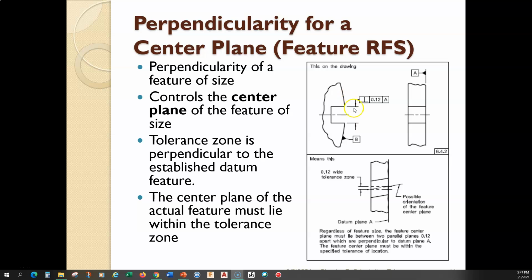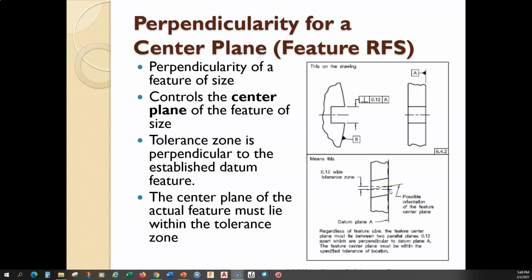All right. So when you have a perpendicularity tolerance applied to a feature of size, we're controlling either the axis or the center plane of that feature of size. Okay. So the center plane in this case would be constrained within the 0.12 millimeter tolerance zone.